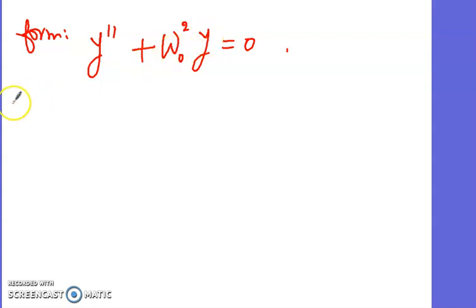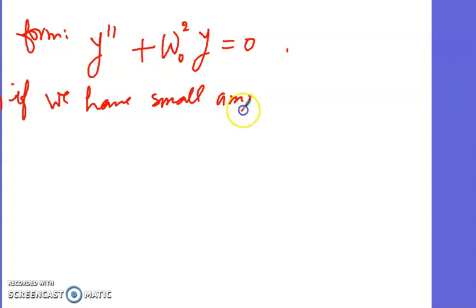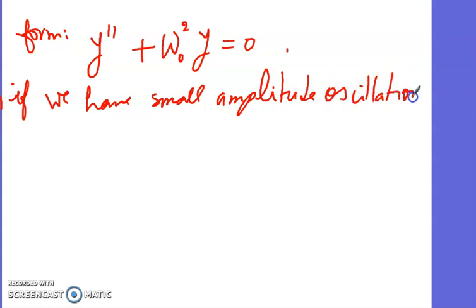We confine the oscillation to small angle, small amplitude. If we have small amplitude oscillation, what does this mean?